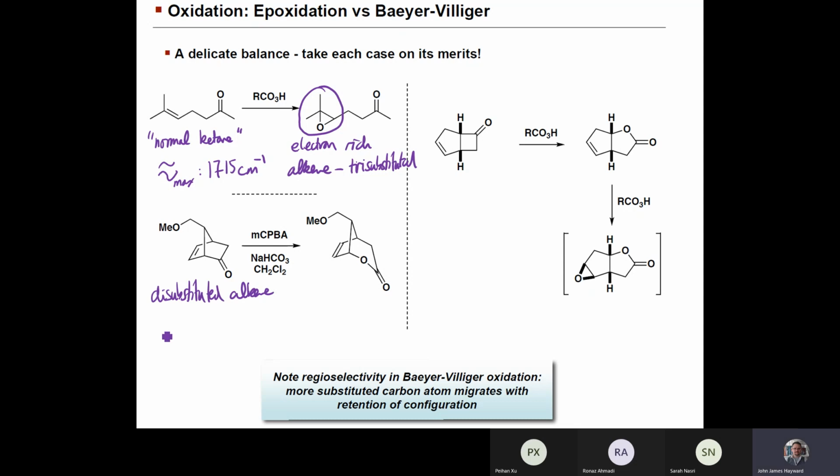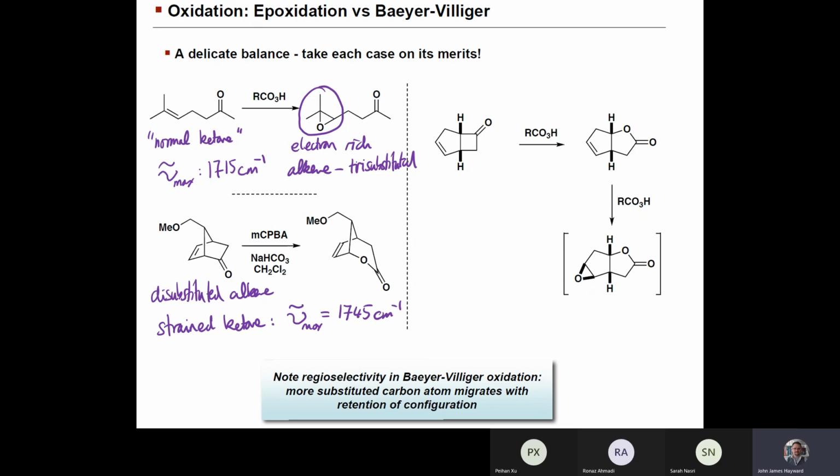The ketone is strained, and we know that by using IR again. So nu tilde max, in this case, is 1745 centimeters. The alkene is also slightly strained, but it isn't very strained compared to the ketone.